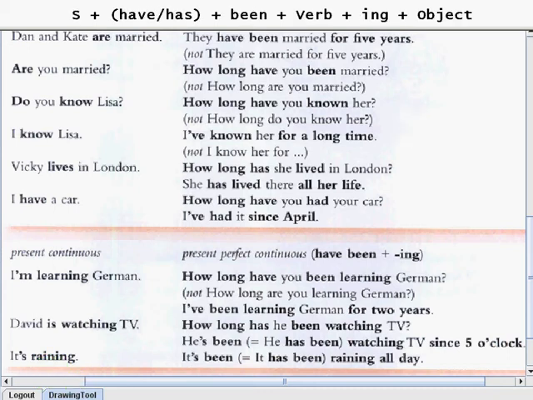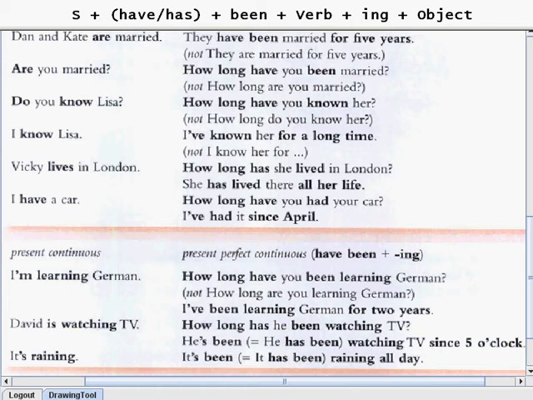As we all know, there is usually a connection with the present or now. There are basically two uses for the present perfect continuous tense. We use it if an action has just stopped or recently stopped, or the action is still continuing up to now.